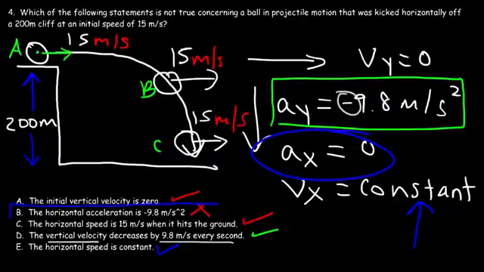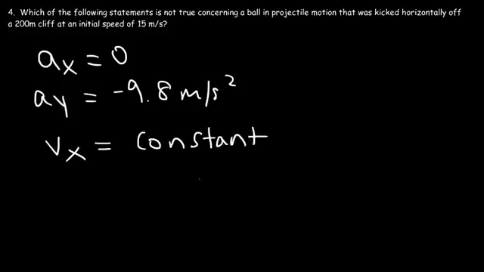The horizontal acceleration is not negative 9.8. It's 0 whenever you're dealing with projectile motion. So make sure you keep this in mind. For projectile motion, AX is always 0. AY is negative 9.8, always. Vx will always be constant. And Vy is 0.